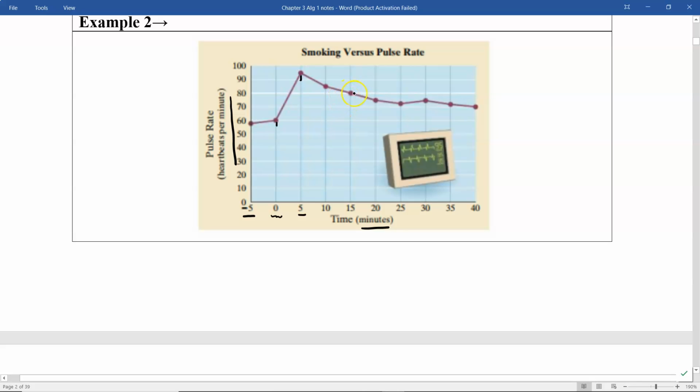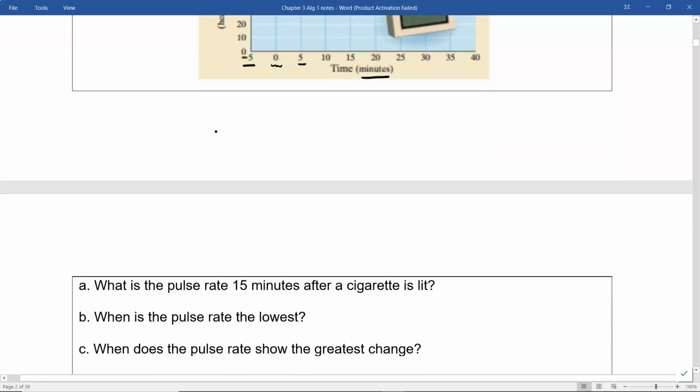So this dot looks like it's right on this white line. And this white line happens to correspond to 80. So this is heartbeats per minute. So that means that the pulse rate 15 minutes after the cigarette is lit is 80 beats per minute.